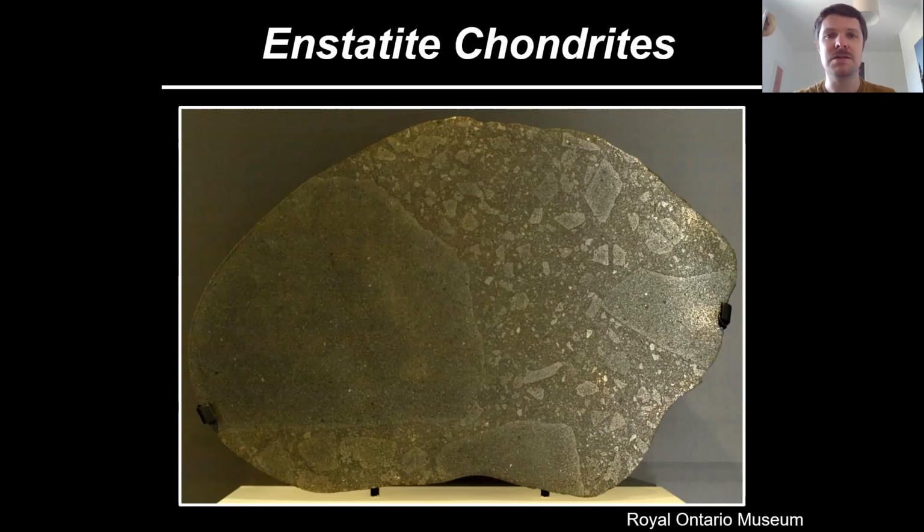What's really interesting about the enstatite chondrites also is that they have oxygen isotopic compositions. So oxygen has 3 isotopes: oxygen 16, oxygen 17, oxygen 18, and the different amounts of each of those isotopes can vary between the meteorite groups and between different planetary bodies as well.